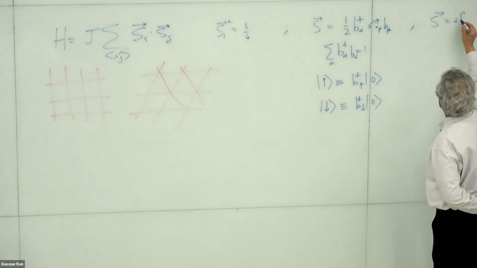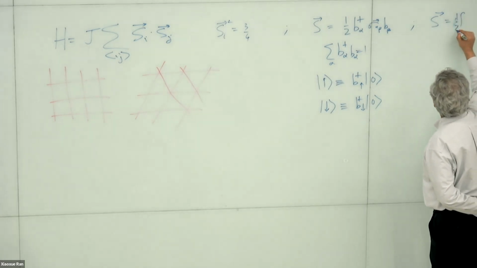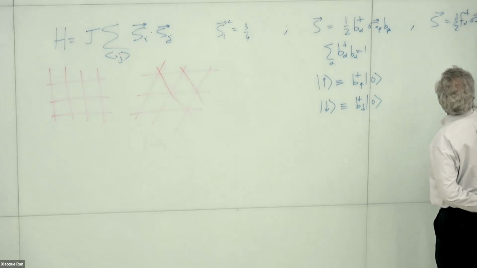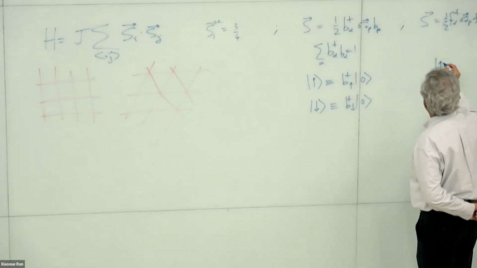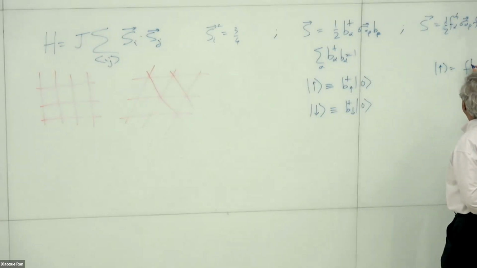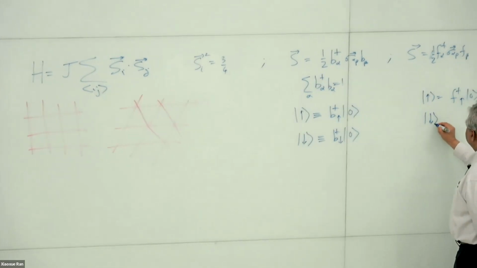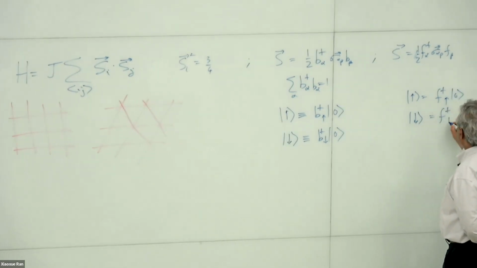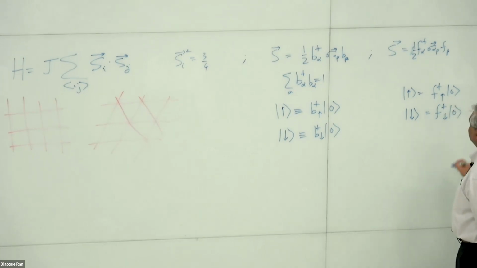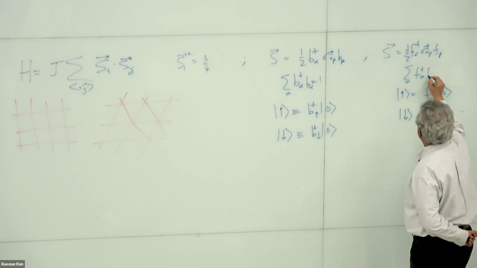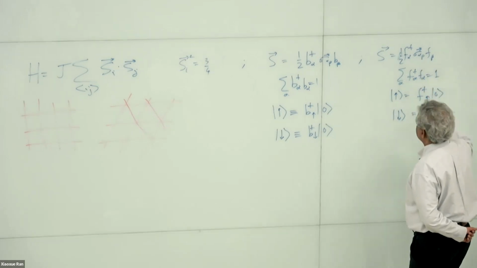If these were fermions, that's also allowed. And so now the spin up state will be one fermion up on this site, and the spin down state will be a fermion down on each site. And again, you have sum on alpha, f dagger alpha f alpha equals 1.